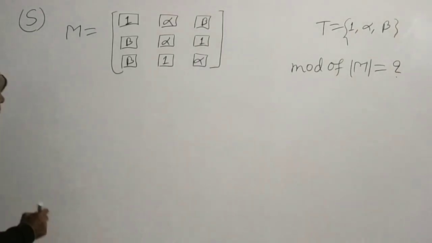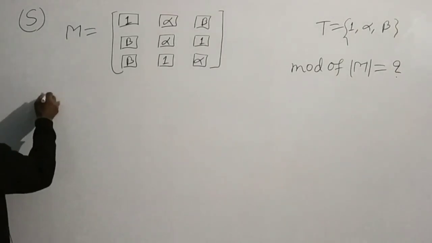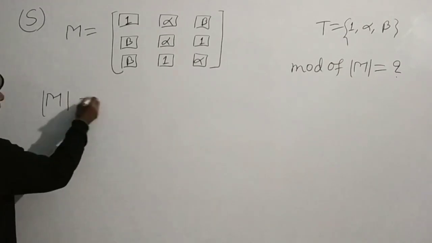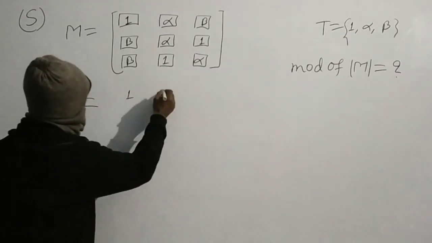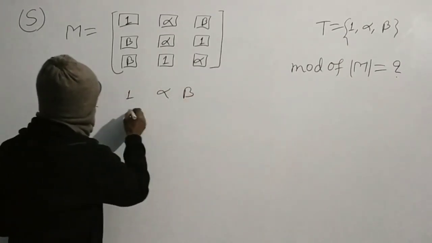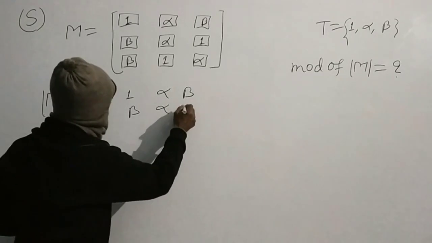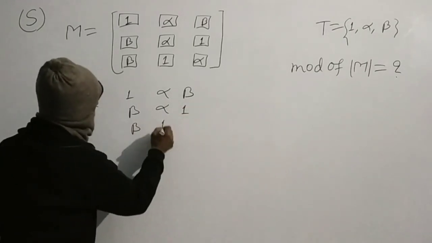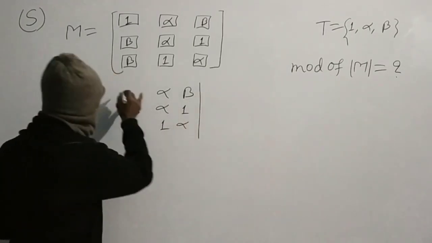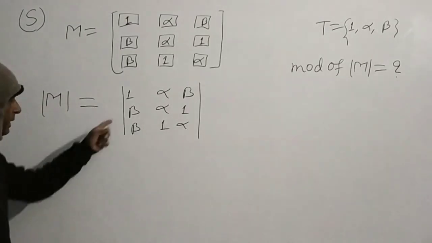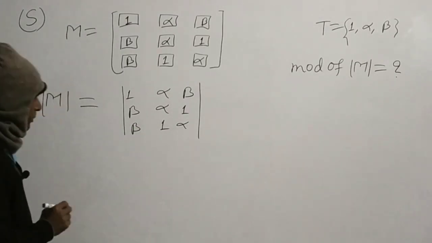The determinant of M will be equal to the determinant with rows 1 alpha beta, beta alpha 1, beta 1 alpha.